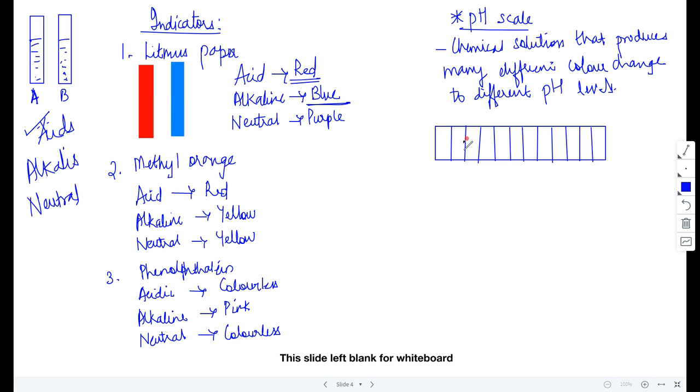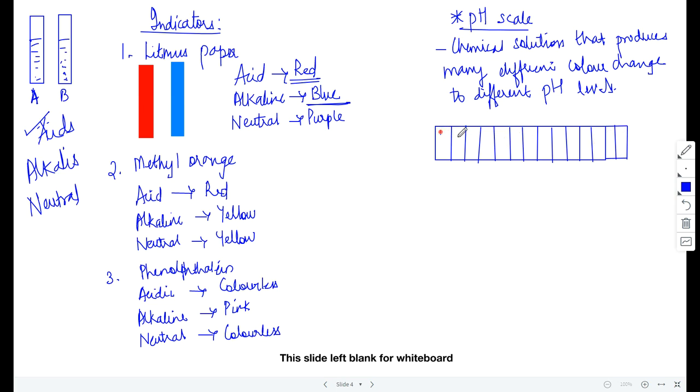So this will be my universal indicator colors, starting with shades of red.